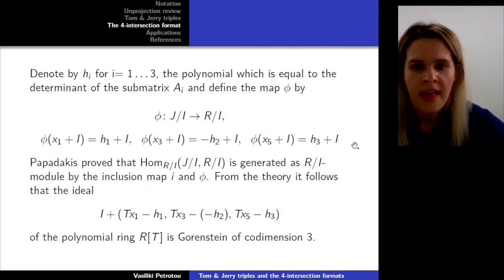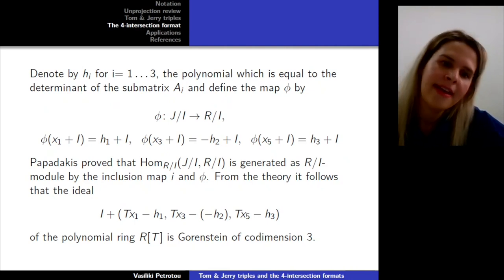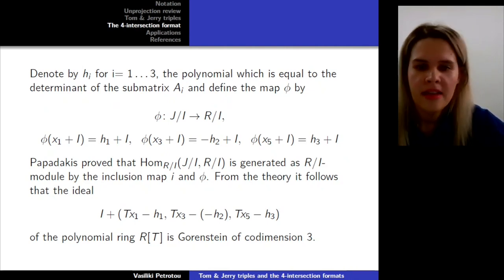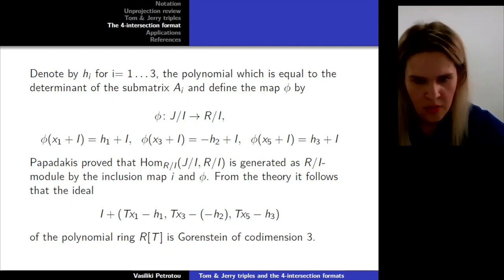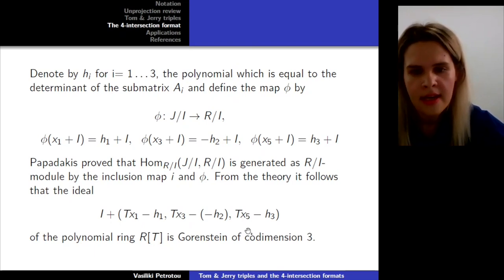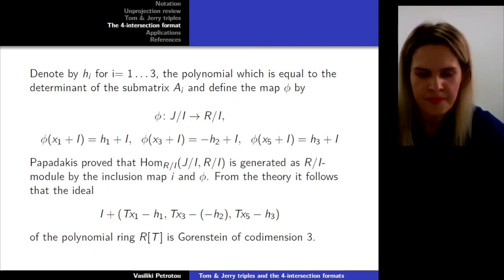And he proved that Hom is generated as an R over I module by the inclusion map and this phi. Then again, from the general theory, it follows that this ideal of the polynomial ring is Gorenstein of codimension 3.